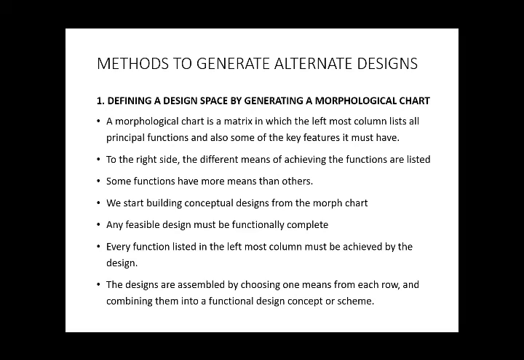It is a matrix with rows and columns, and on the leftmost column, it will list all the functions needed in that design and the features that it should have, and on the right hand side, for each of these functions, the different methods by which these functions can be achieved are mentioned.